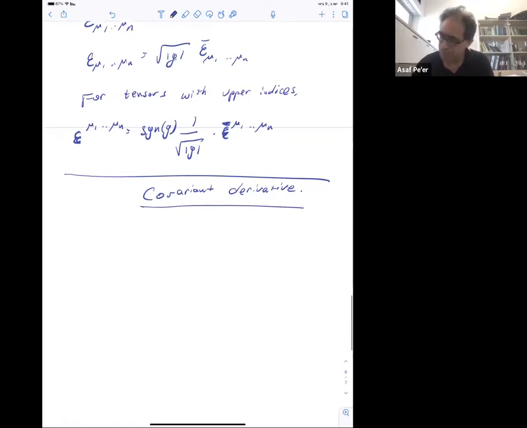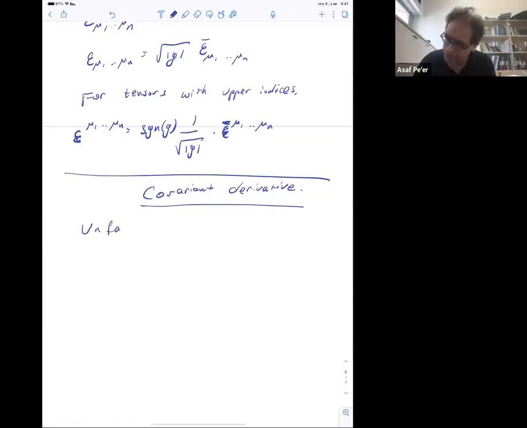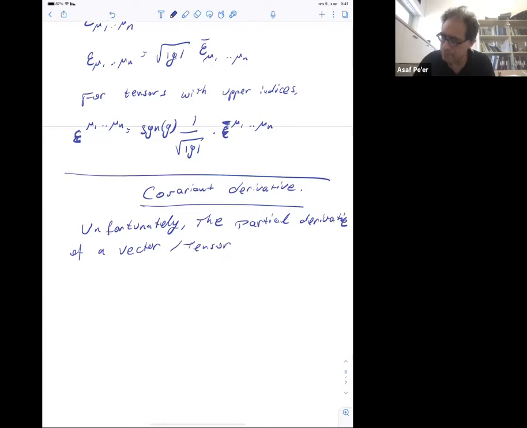So unfortunately, the partial derivative of a vector or tensor is not, in general, a new tensor.